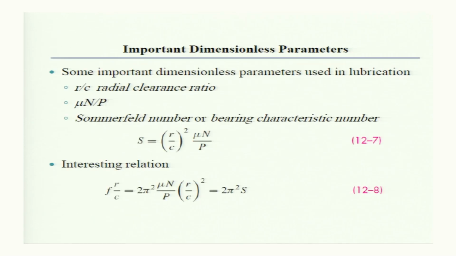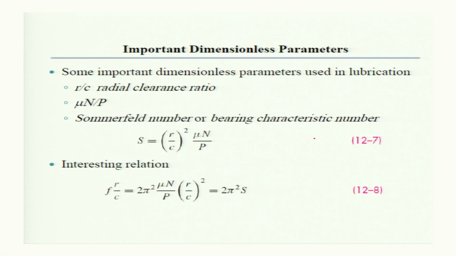Now, some important dimensionless parameters used in the analysis of sliding contact bearings are, first, R by C. R is the radius of the journal and C is the radial clearance.